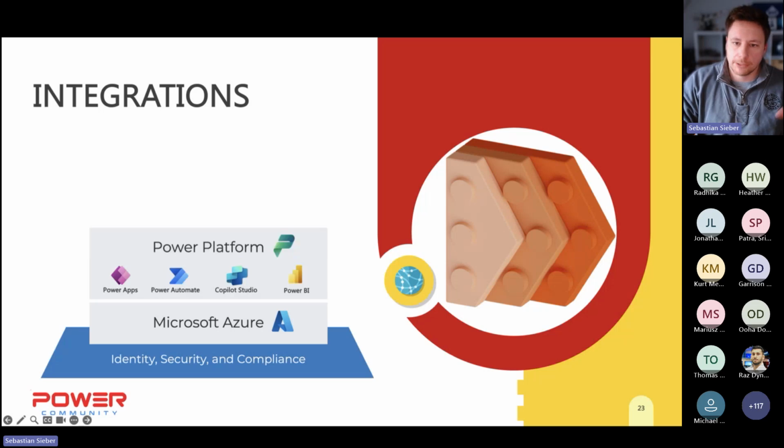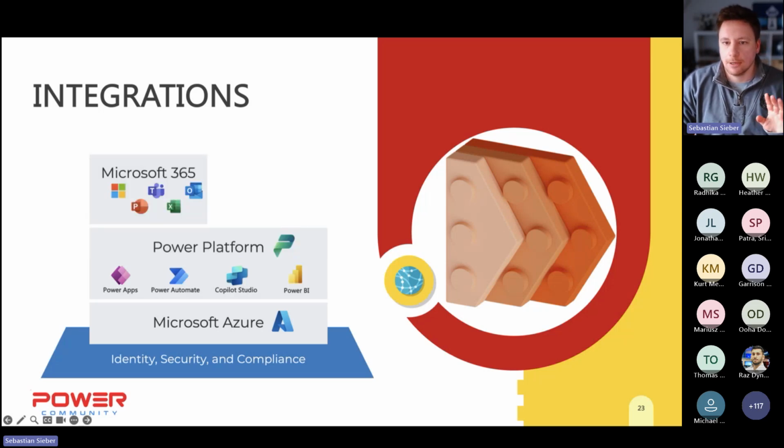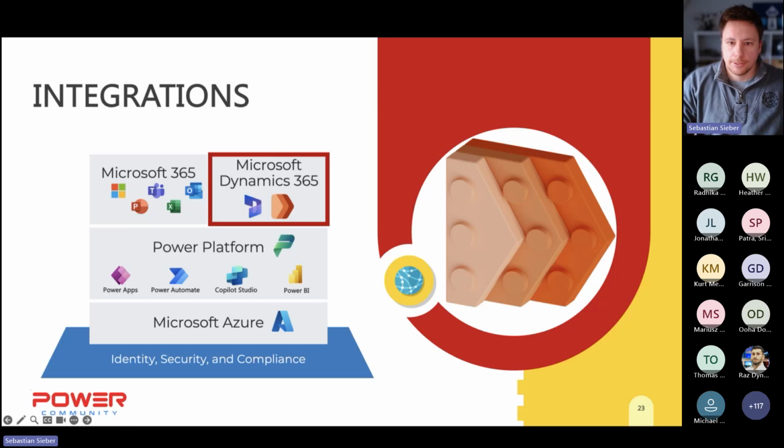We have Microsoft 365 on the side, and of course Microsoft Dynamics 365, where all of the processes are integrated. So we are here in this area of Microsoft Dynamics 365, and everything else is there to be integrated.